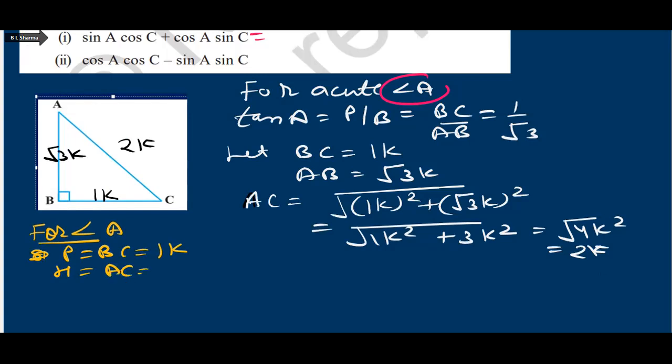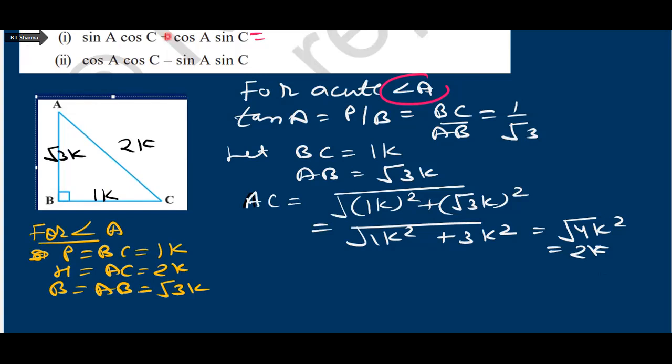Hypotenuse is AC, that is 2K. Base is AB, that is square root of 3K. ये for acute angle A के लिए होगा.